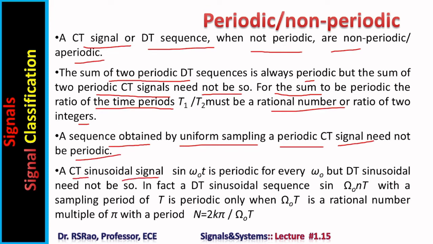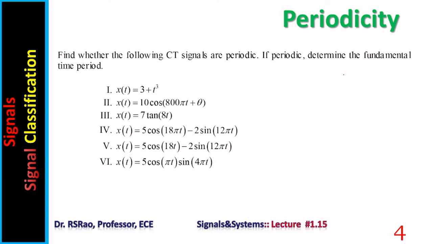A CT sinusoidal signal sin omega naught t is periodic for every omega naught, but a DT sinusoid need not be so. In fact, a DT sinusoidal sequence sin omega naught nT with a sampling period of T is periodic only when omega naught T is a rational number multiple of pi, with period N equal to 2k pi by omega naught T. Now another problem.